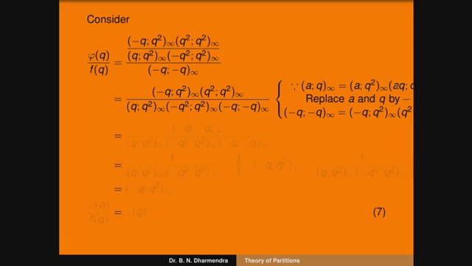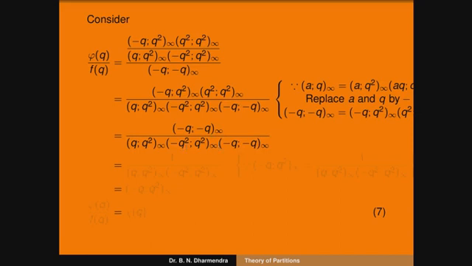Here both the terms of a and q are minus, and minus into minus is plus, that is q square infinity. So therefore, the numerator term becomes minus q infinity.